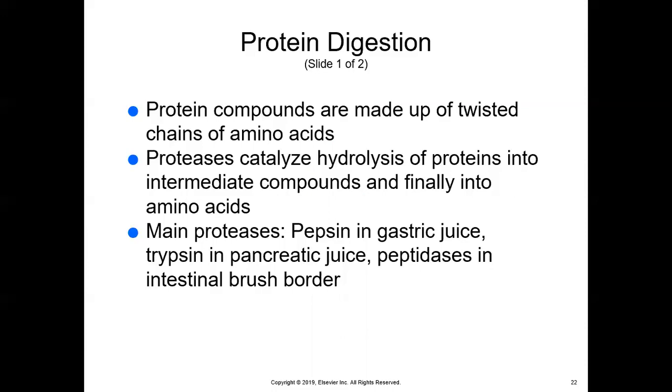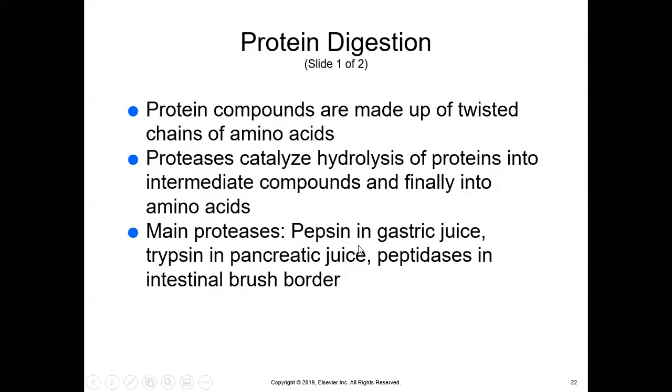Proteases break down proteins into not as complex proteins, so they're intermediate. Then finally, the proteases break down these intermediate compounds into amino acids. Here are the main proteases.